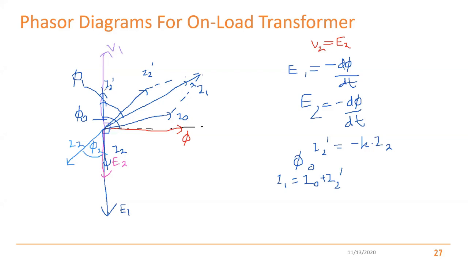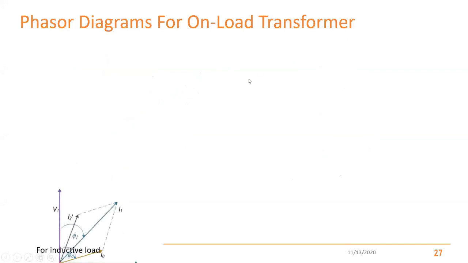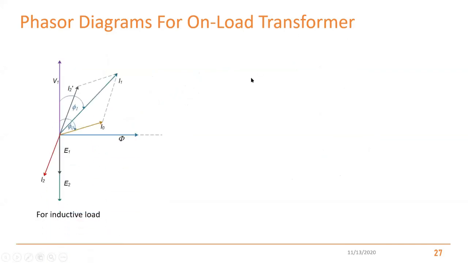I naught is the same, so you can obtain the I1 phasor. Likewise you can build phasor diagrams for an on-load transformer under inductive, capacitive and resistive load. If I clear the drawing, this is the phasor diagram for inductive load.